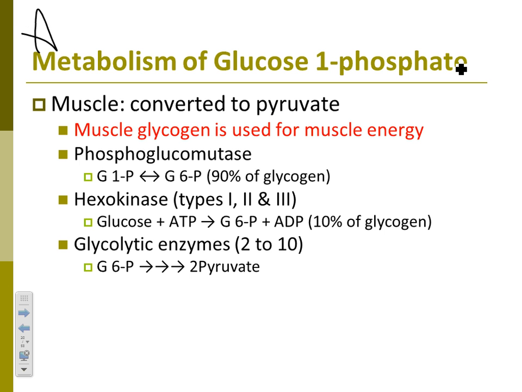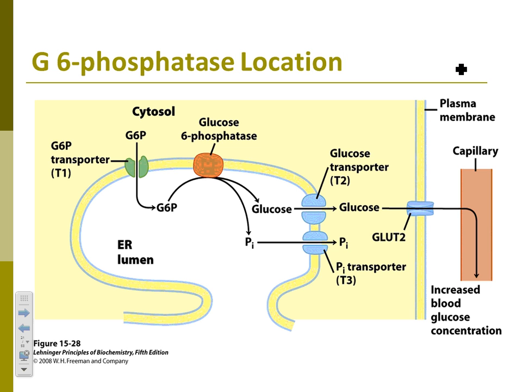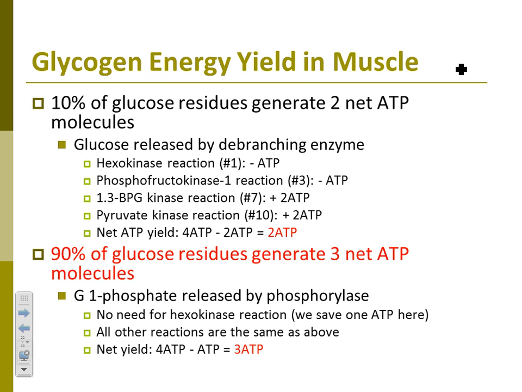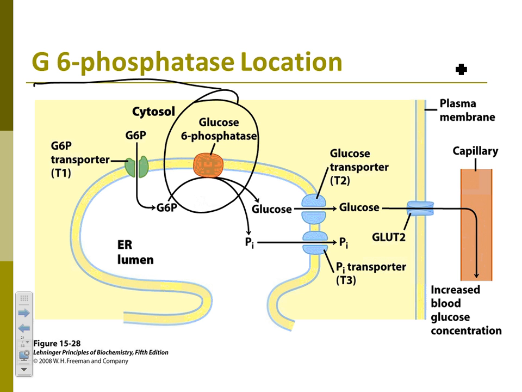So things are a little bit different in the muscle. Make sure you know the difference. Here it's showing the G6-phosphatase on the ER membrane. This might be the only place it is.